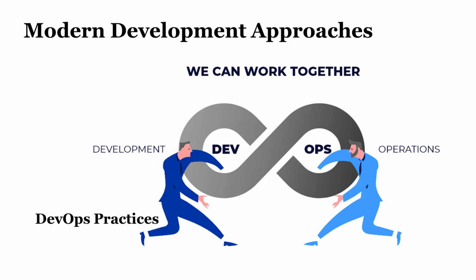Key DevOps practices include infrastructure as code, continuous integration, continuous delivery, automated testing, and monitoring. By breaking down silos, fostering a culture of collaboration, and embracing automation, DevOps enables organizations to deliver software faster, more reliably, and with greater efficiency, thereby enhancing agility, innovation, and customer satisfaction.